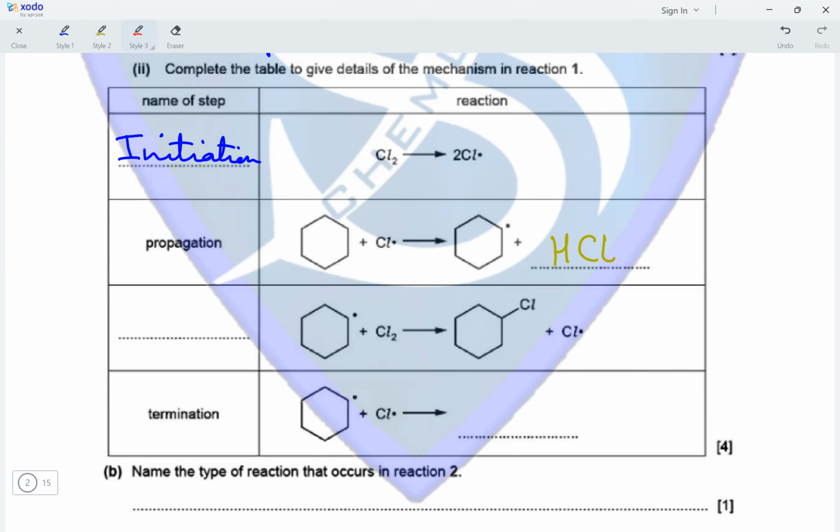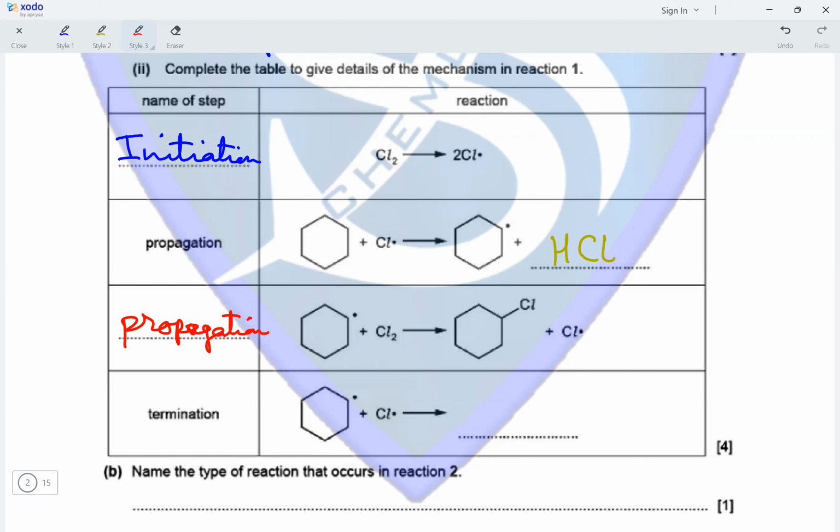Next, the step in which chlorine reacts with the cyclohexane free radical and produces chlorocyclohexane and a chlorine free radical is another step in the propagation of this chain reaction mechanism. So this is propagation.